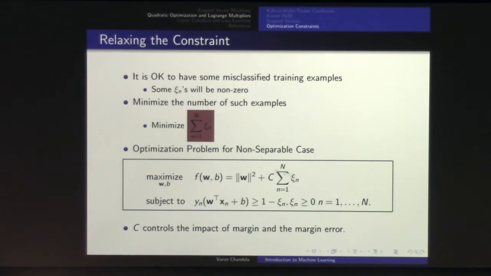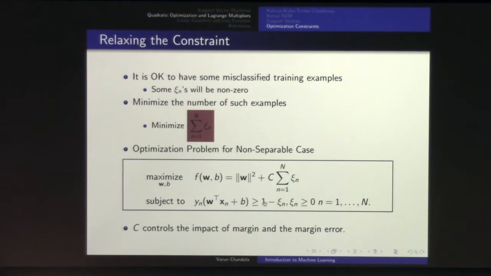So you're trying to optimize over two quantities, right? And both of them, and I'll show that to you, kind of work against each other. So it's kind of a joint optimization problem. You're trying to minimize the total slack, as well as maximize the margin. And then the constraints become slightly different. Earlier the constraints were that all your data points should be on the correct side of your margin, right?